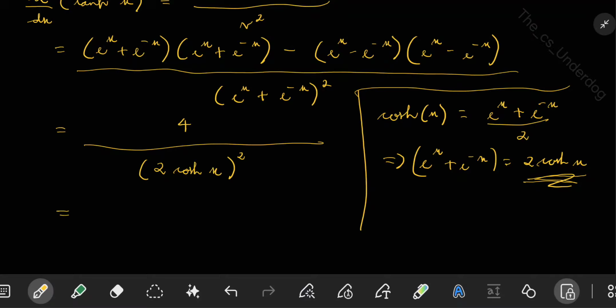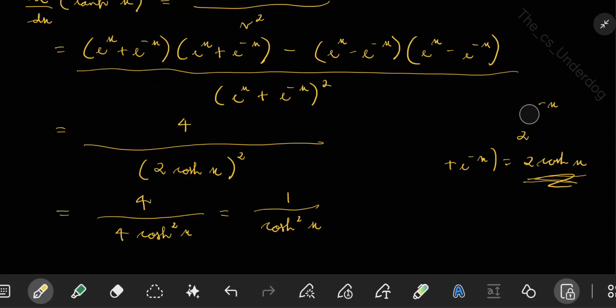Then I can write this as 4 divided by 2 square, which is 4, cos h square x, which means the 4 and 4 will cancel out. This will be 1 by cos h square x.